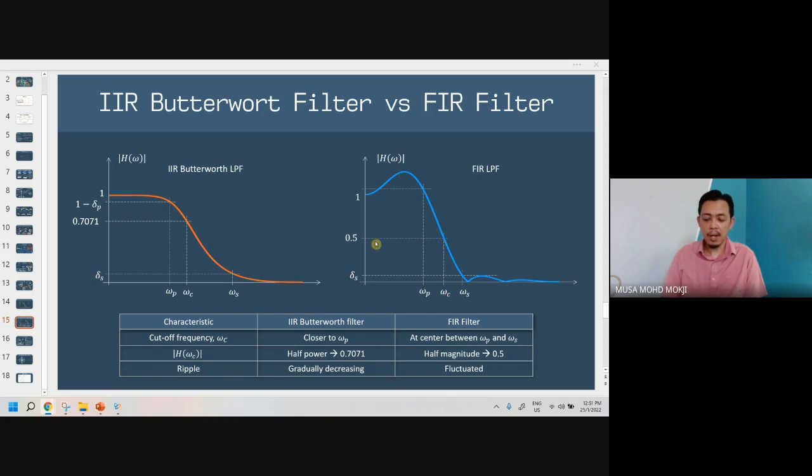The center is at half magnitude. And this one is 0.7071, so why is it not 0.5? Something to do with minus 3 dB. Yes, it is. Actually, the 0.5 is minus 6 dB, and this one is minus 3 dB. So why minus 3 dB?